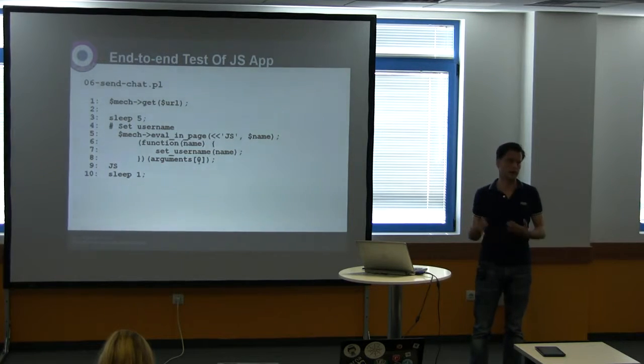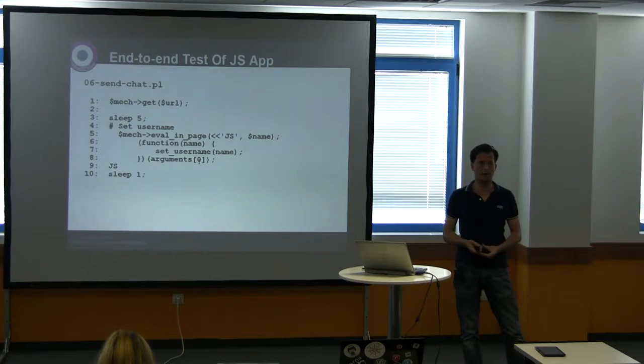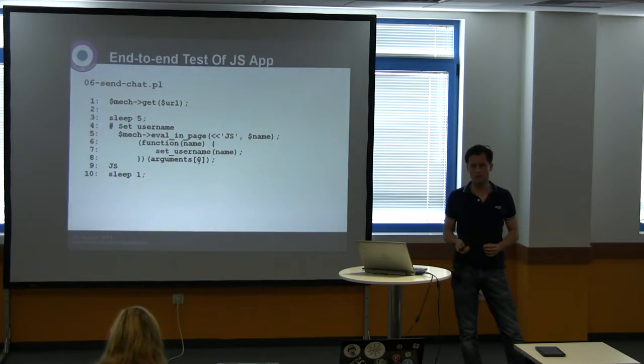So I can very conveniently pass data back and forth between PhantomJS and Mechanize or Perl without worrying about string interpolation or other nasty stuff.